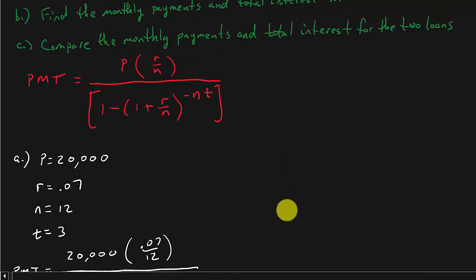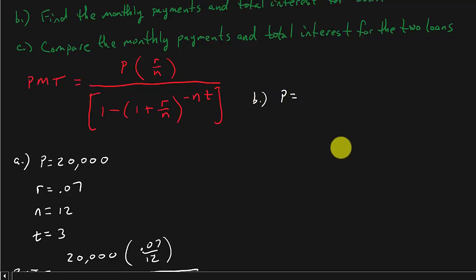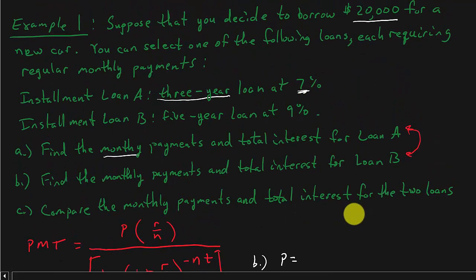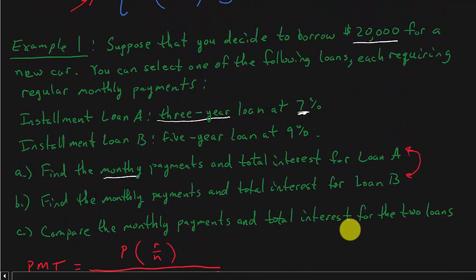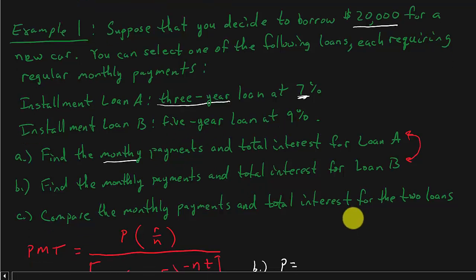Now let's look at part B. In this case, we're still borrowing the same amount. The only thing that's changing from part A to part B is the number of years and the interest rate.